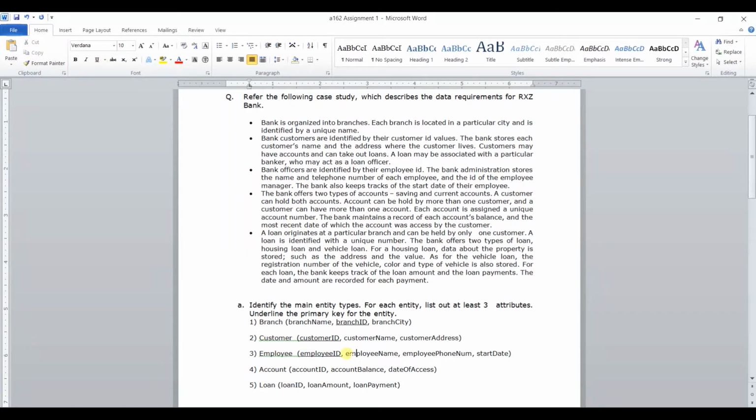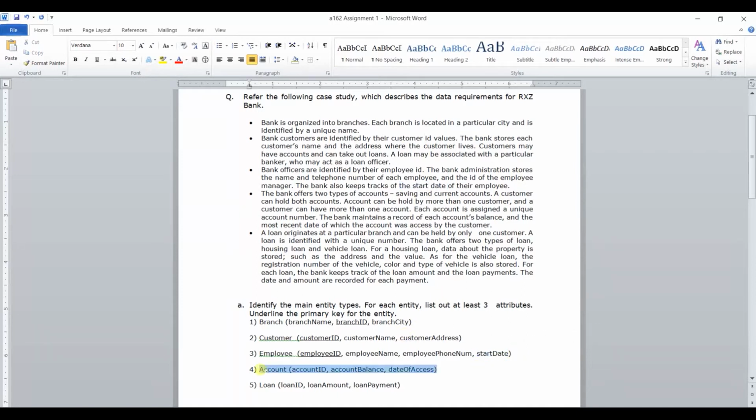And then the next attribute is employee name. Employee name is here. And then employee telephone number, their number, and then the bank also keeps track of the start date of their employment. So the start date of the employee. So these are the attributes.